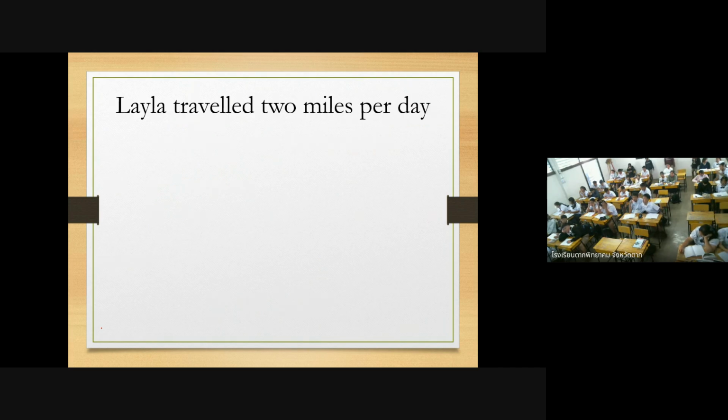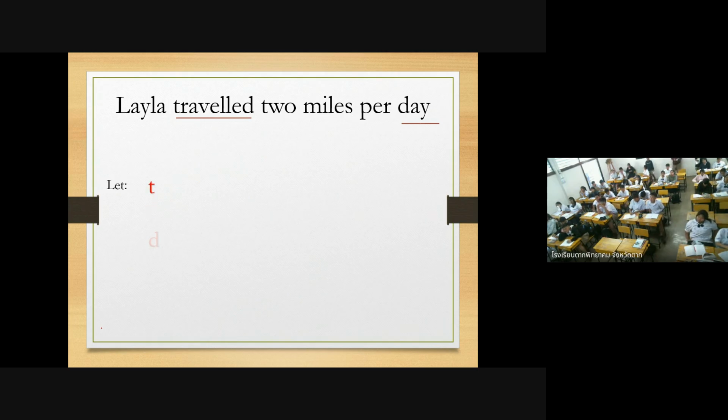How about this one? Layla traveled 2 miles per day. What are the variables? Travel. Day, very good. Okay, so again, let's represent it into variables.